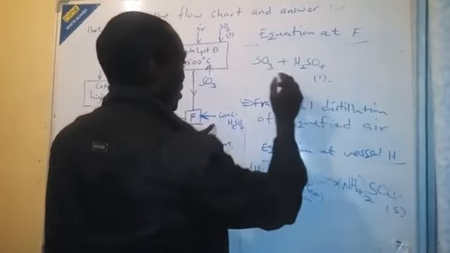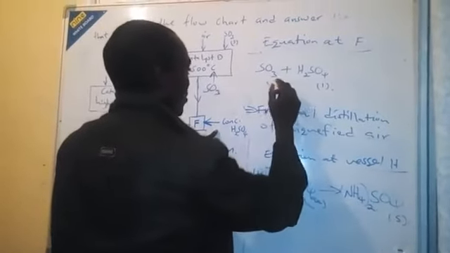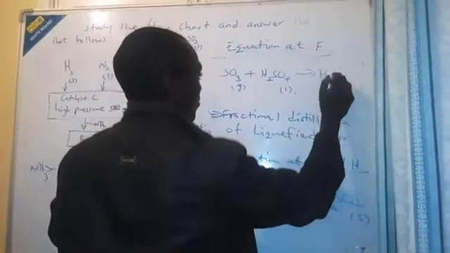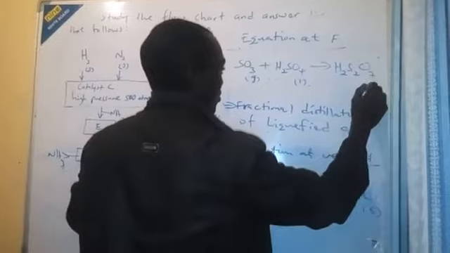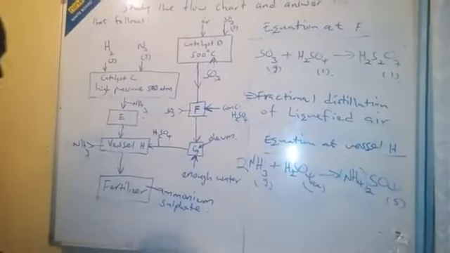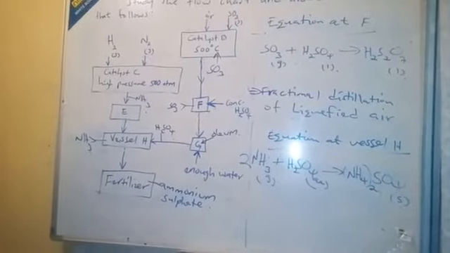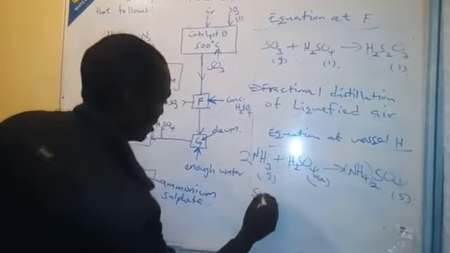I said use letter L for state symbol. This is a gas. We end up forming oleum, which is also a liquid. That equation is balanced.